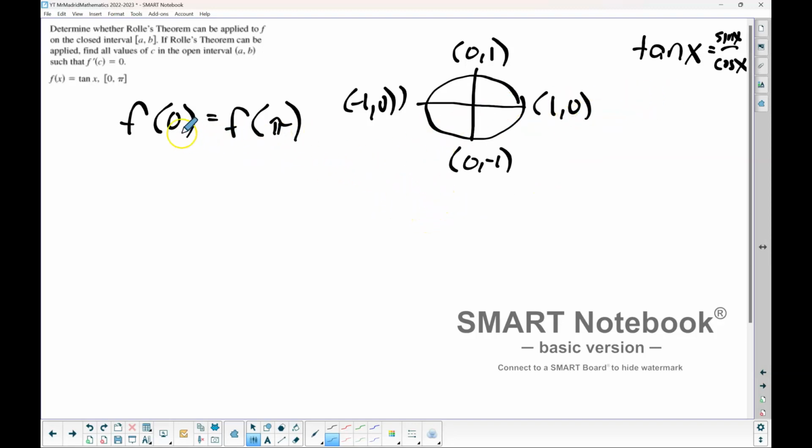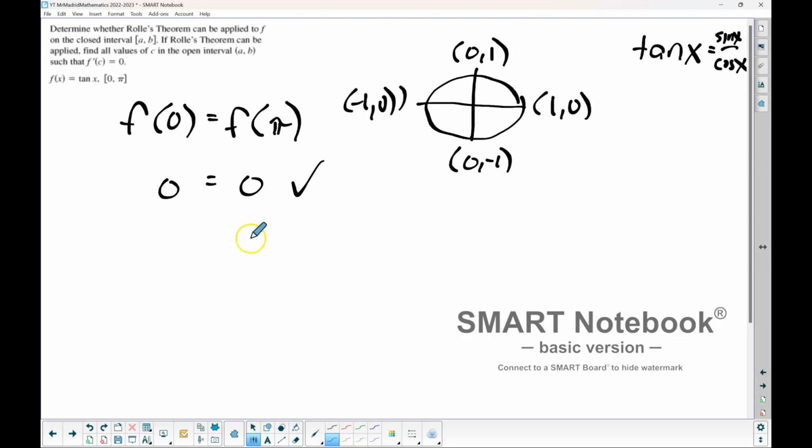What we're going to pay attention to is at 0, we would basically have what? 0 over 1, so that's 0. And when we plug in pi, we would have sine 0 over negative 1, which is 0. So we do have that criteria met.